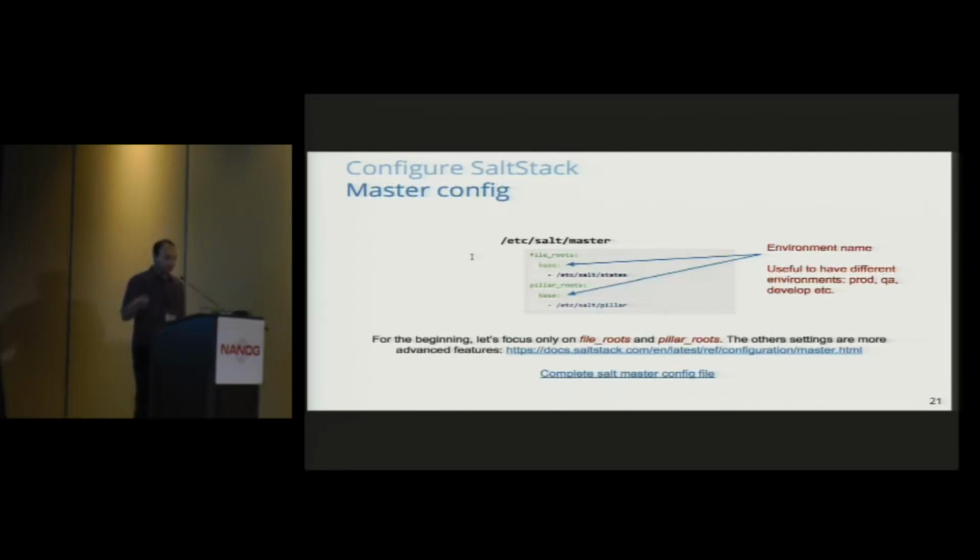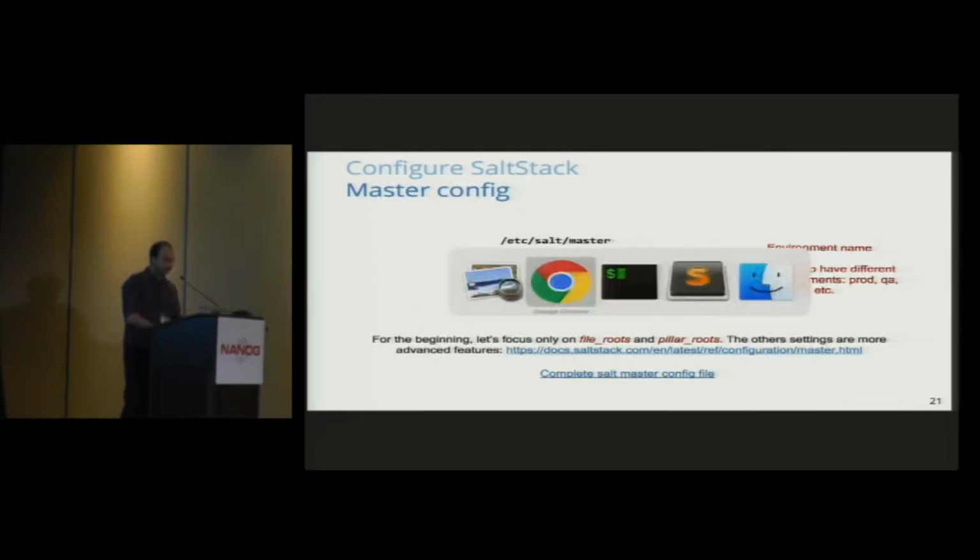Don't worry if you don't yet understand what a state and a reactor are, but it's good to keep in mind this link between file roots and states, reactors, and so on. The pillar roots is the place where you will place the pillars we talked about earlier. Also, you can define different environments like base, production, QA and development. There are many other options, but for the moment, let's focus on these and keep them in mind.